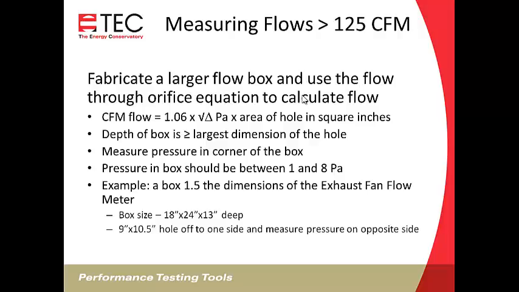So that's a pretty good way to get flows between 100 CFM and 280 CFM. So there's a little bit of overlap from that to our exhaust fan flow meter. So that gives you a pretty good range between 100 and 280 CFM.